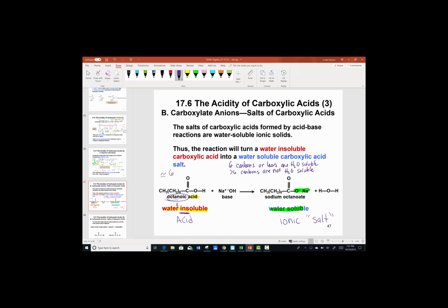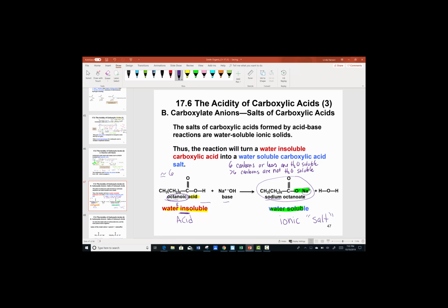If I wanted to convert that to a soluble substance, I do an acid-base reaction. Acid plus base makes a salt and a water, and therefore I've produced a salt. Practice the name with me. The salt's name, say the name of the positive ion first, sodium.